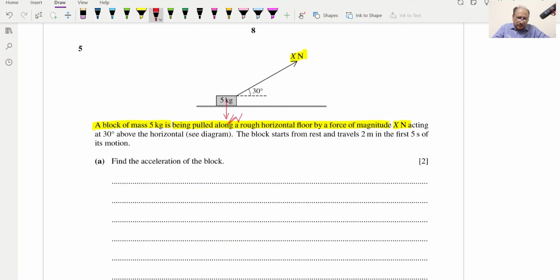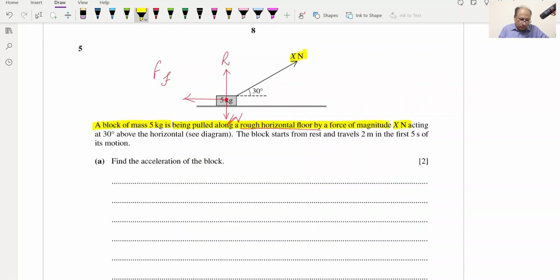We can consider the force diagram also. The weight will be balanced by the reaction force R, and because it is a rough horizontal floor, it will have a force of friction also, which will act backwards. So we write F for the force of friction, and the pull acts at a 30-degree angle.